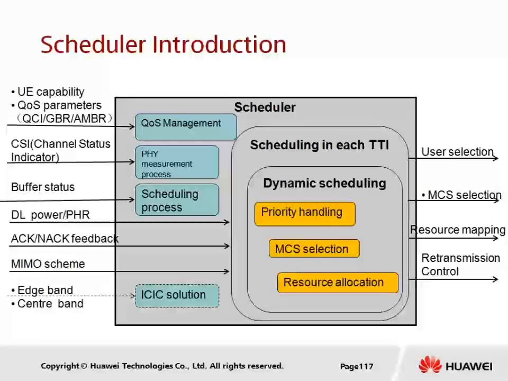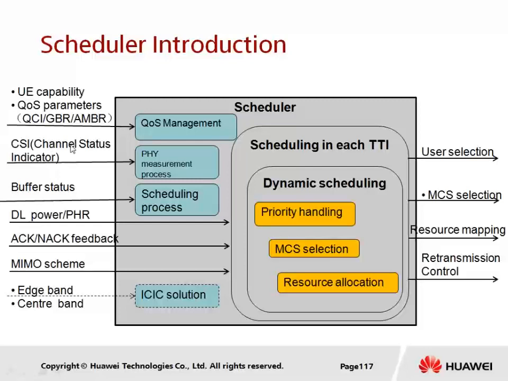So this is the introduction of the scheduler, where the scheduler considers the UE capability and the quality of service parameters, which include QCI, the QoS class identifier, the guaranteed bitrate, and the aggregated maximum bitrate. So all of the QoS parameters are considered.